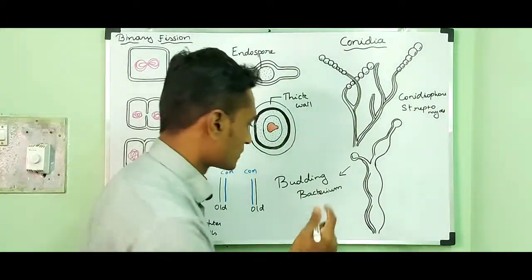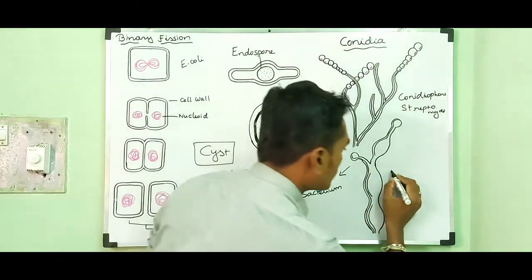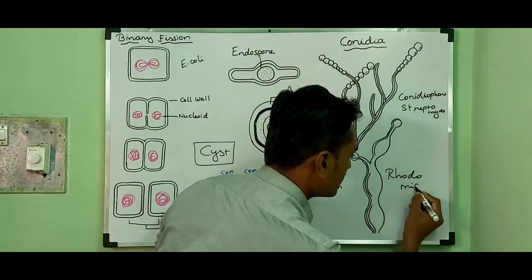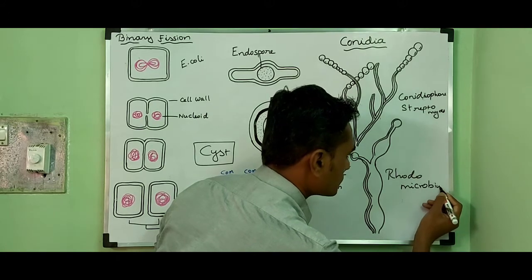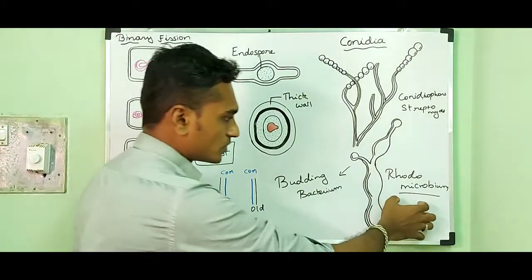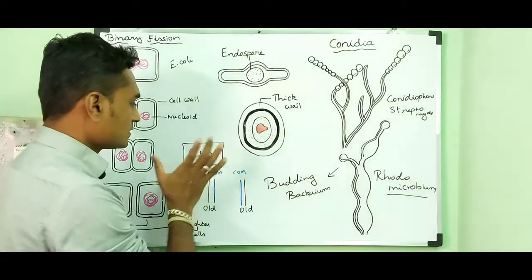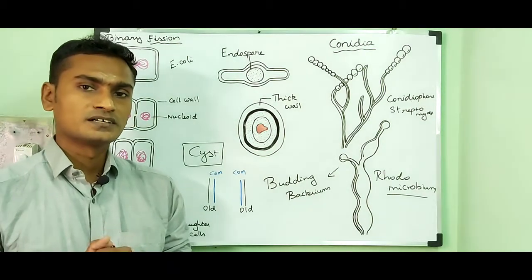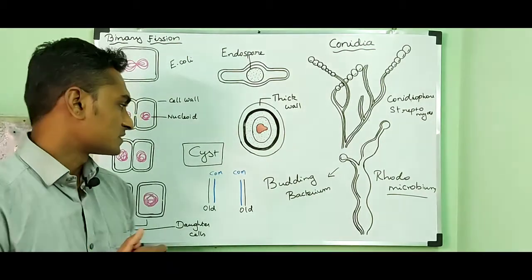An example for budding bacterium is Rhodomicrobium. Next I am going to tell about cyst forming bacteria, or cyst formation in bacteria.